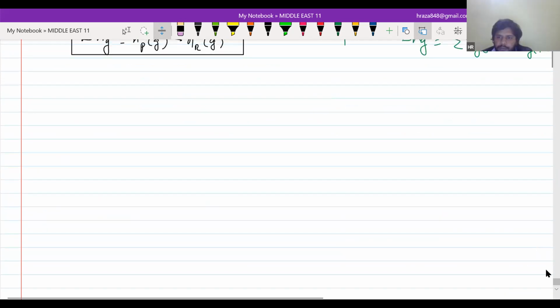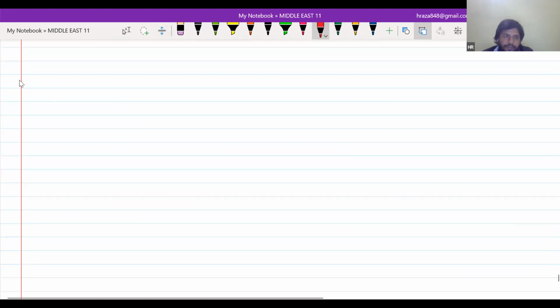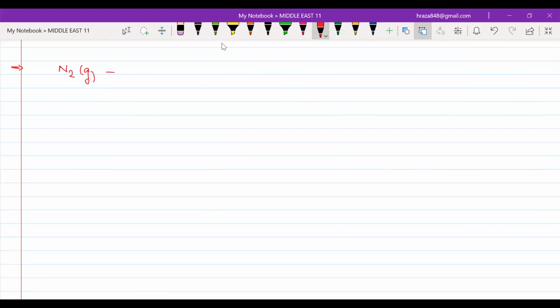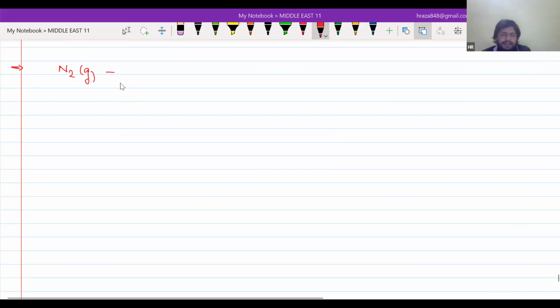I'm going to take 3 examples of 3 types of reactions. This is very important. Just see. I'm going to take the example of ammonia: N2 gaseous state plus 3H2 gaseous state will give 2NH3.